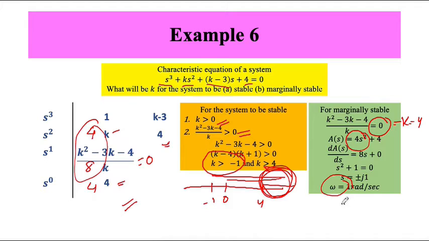How is it omega equals 1? Because s is sigma plus j omega. So the omega value is 1 from here. So the system is marginally stable with oscillation at a frequency of omega equals 1 radian per second. So k is 4 for this.